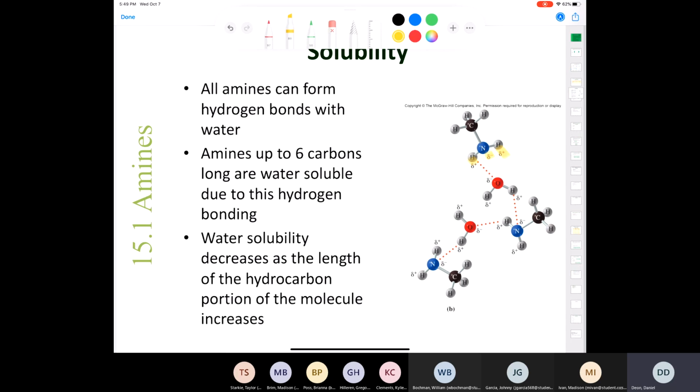And then we have a hydrogen bond from the delta plus of a hydrogen with the delta minus of the oxygen on a water. Similarly, we see another hydrogen bond between the delta plus on the hydrogen of the water and the delta minus of the nitrogen on an amine.